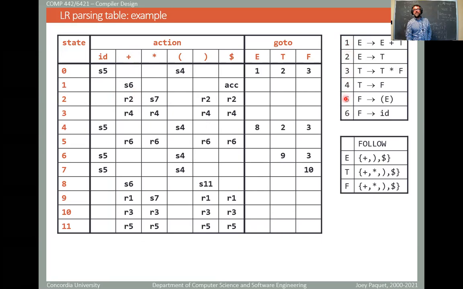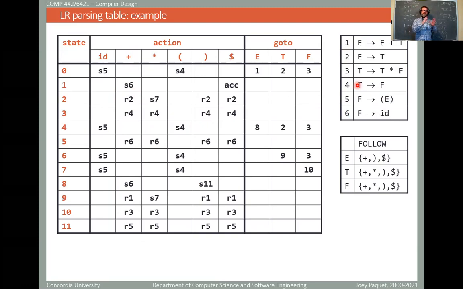This is 1, 2, 3, 4, 5, 6. So R4, for example, is saying reduce 4. Reduce 4 would mean that I know I have an F on top of the stack and I want to replace this F by T. Okay. So you see I'm applying the rules in reverse order.